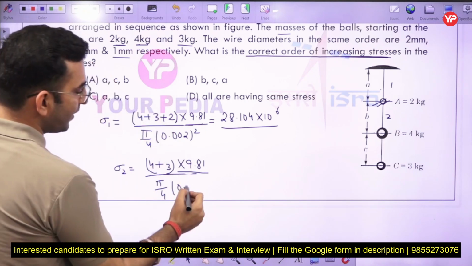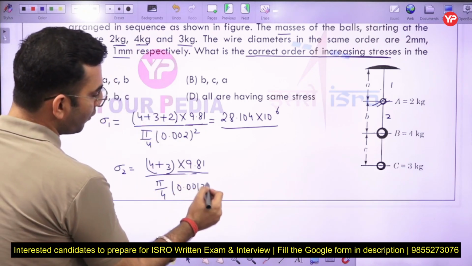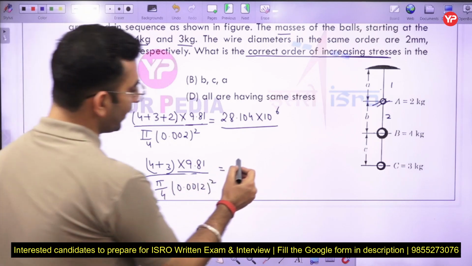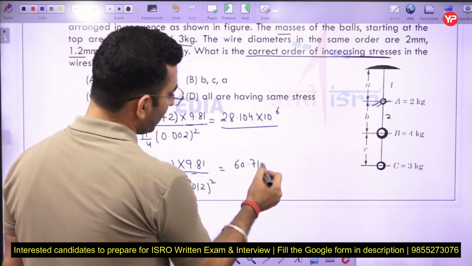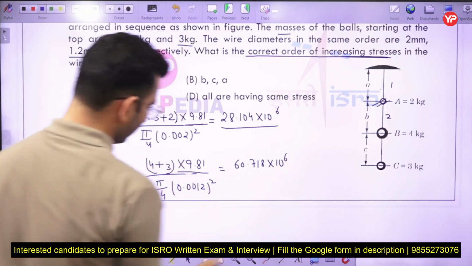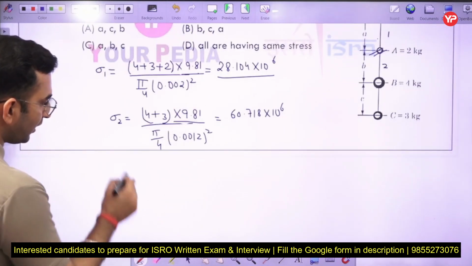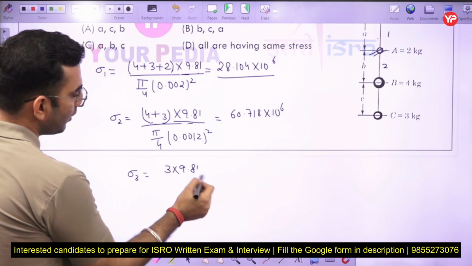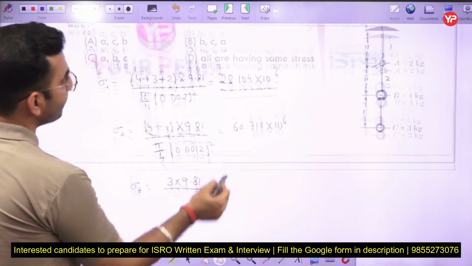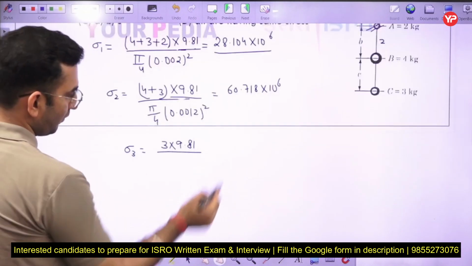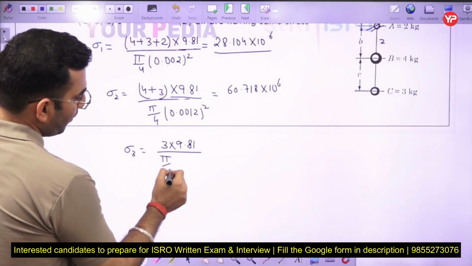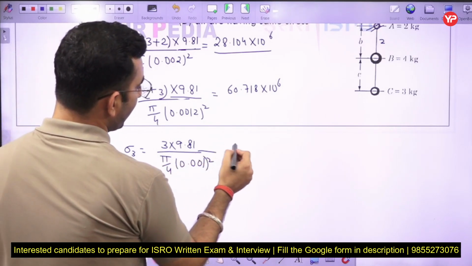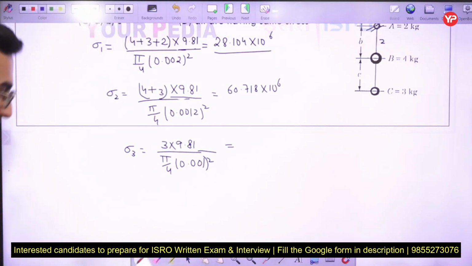Wire number 2 has a diameter of 0.0012, squared, and the corresponding stress you will observe is 60.718 into 10 to the power 6. Correspondingly, sigma 3 is equal to 3 into 9.81 divided by pi by 4 times 0.001 squared, and the answer comes out as 37.471.